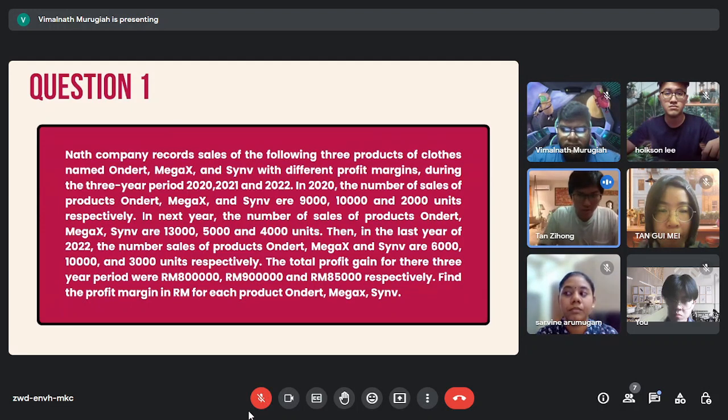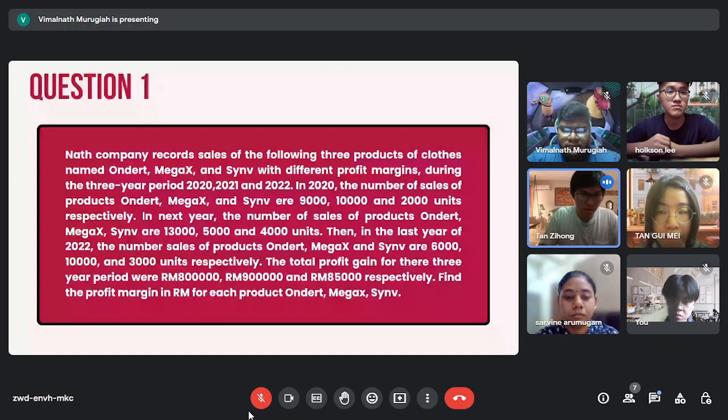In 2020, the number of sales of product Ordered, Mega X and S product are 9,000, 10,000 and 2,000 units respectively. In the next year, the number of sales of Ordered, Mega X and S are 13,000, 5,000, and 4,000 units.